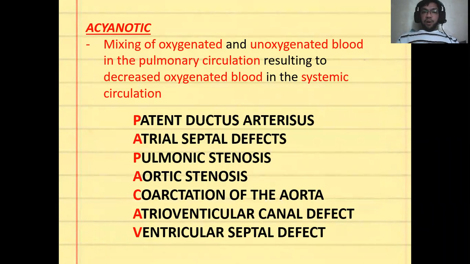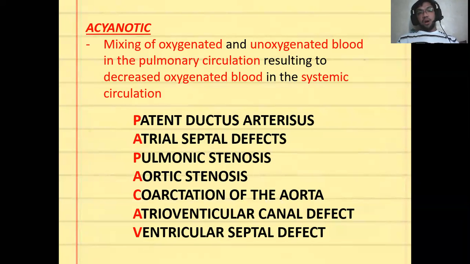So acyanotic, this is mixing of oxygenated and unoxygenated blood into the pulmonary circulation, resulting in decreased oxygenated blood in the systemic circulation. So some of that oxygenated blood at the left side of the heart goes back into the right side. So what are these acyanotic heart diseases?